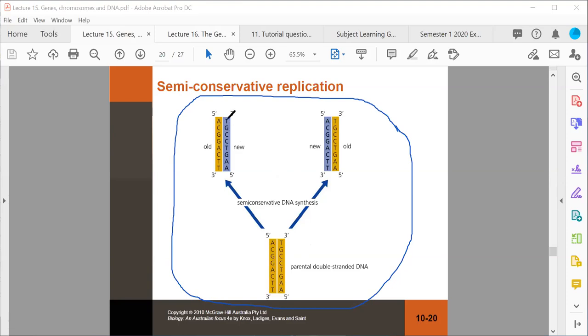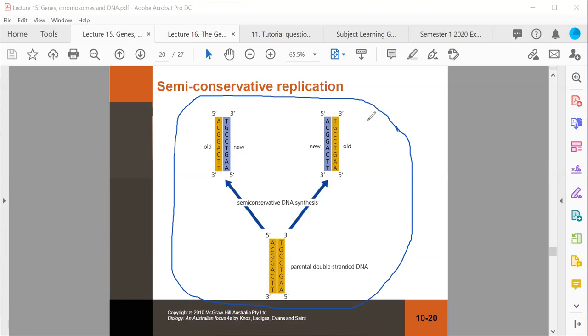DNA replication is actually synthesizing a complementary strand. So you can see that this new strand that's synthesized is complementary to the original strand there, using those base pairing rules. And the same thing applies to here. So here's our old strand of DNA, and here's the new strand of DNA that's been synthesized, the new complementary strand.